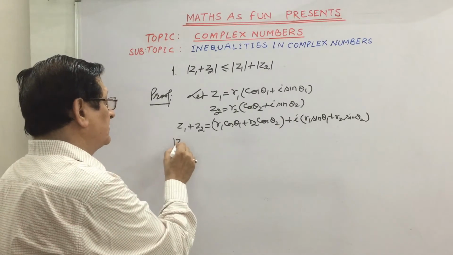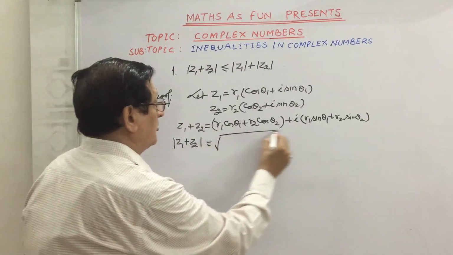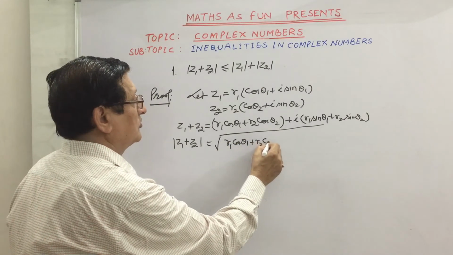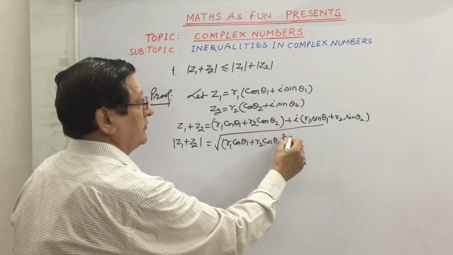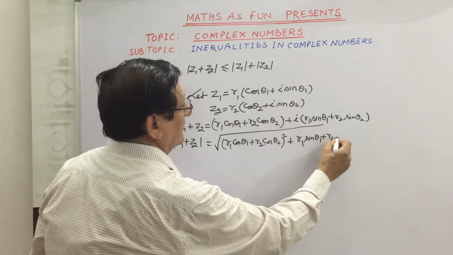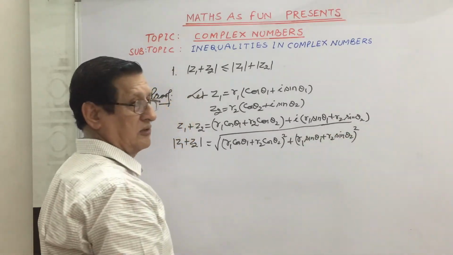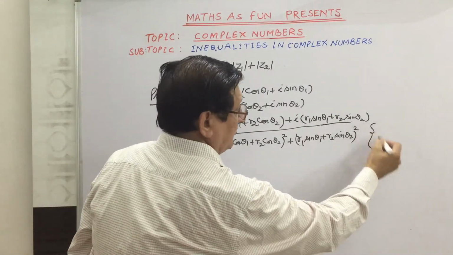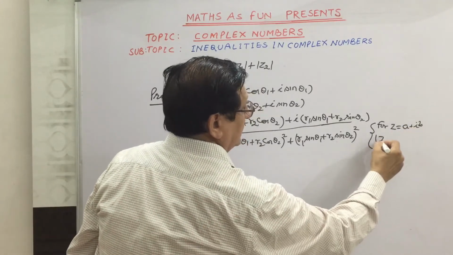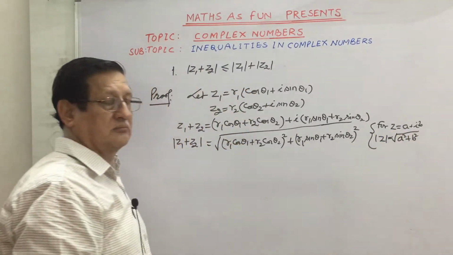If we want to find out the modulus of z1 + z2, that will be the root of (r1 cos θ1 + r2 cos θ2) whole square plus (r1 sin θ1 + r2 sin θ2) whole square. Because we know that for any z = a + ib, its modulus is given by root of a square plus b square.